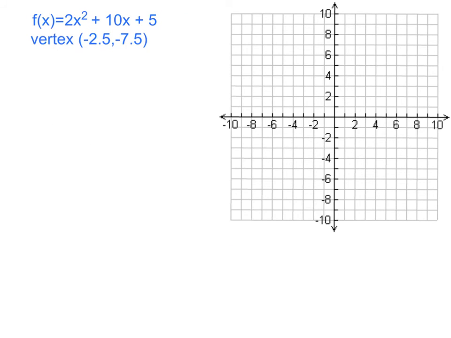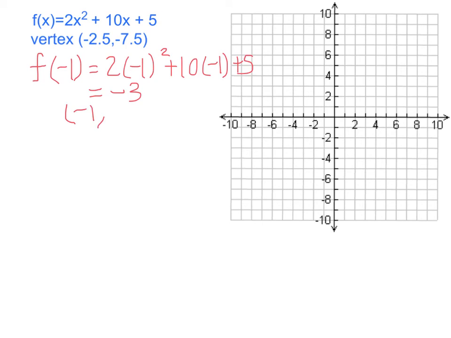I have my coordinate point for the vertex. My vertex is going to be at negative 2.5, comma negative 7.5. I still need a few more points to finish my graph. So I'm going to plug in negative 1 into the original equation. When I plug in negative 1, I get a value of negative 3.